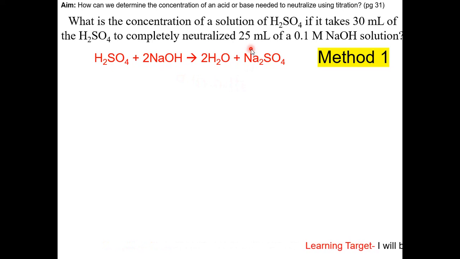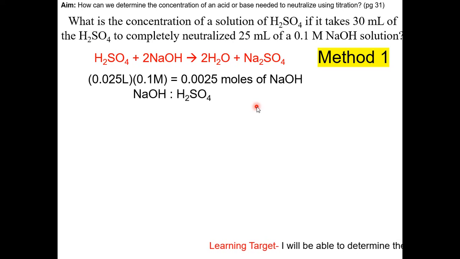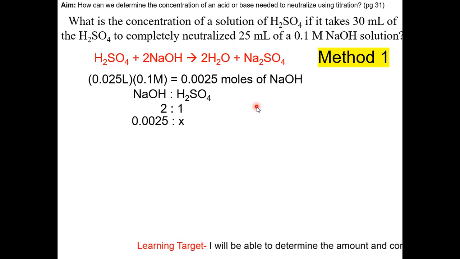Since we're given the volume and the molarity of sodium hydroxide, we can calculate the moles of sodium hydroxide used in the neutralization reaction. Next, we set up a mole ratio between sodium hydroxide and sulfuric acid. It's a 2-to-1 ratio, and then we solve for the moles of acid that was neutralized in the reaction.